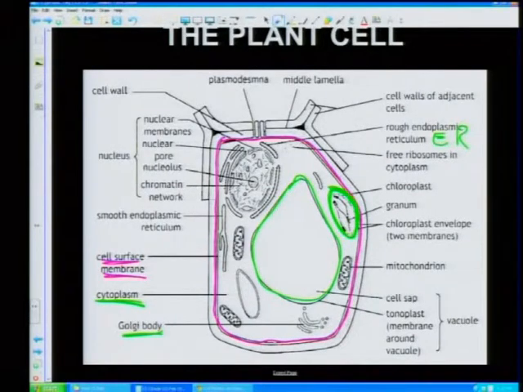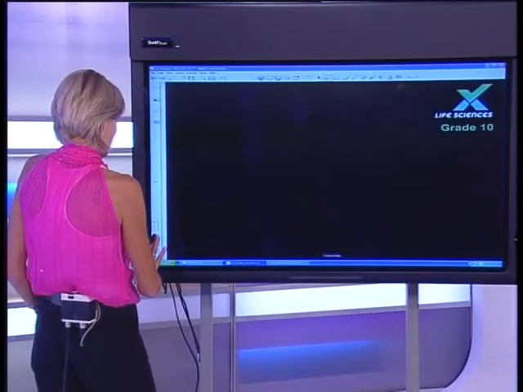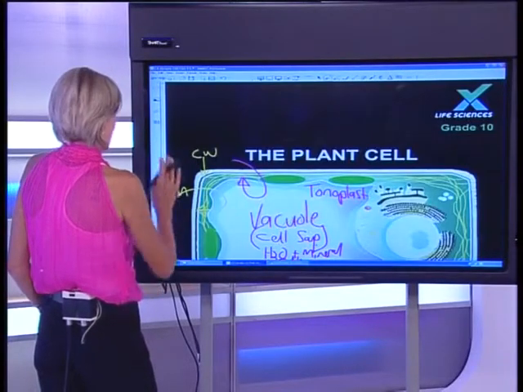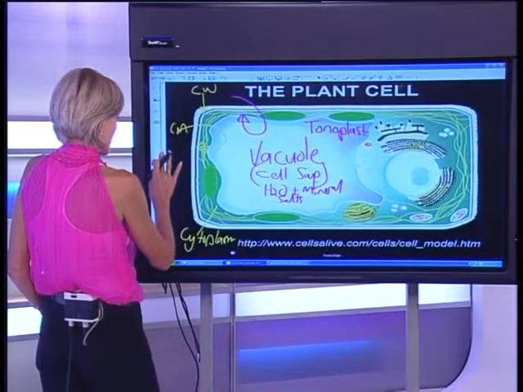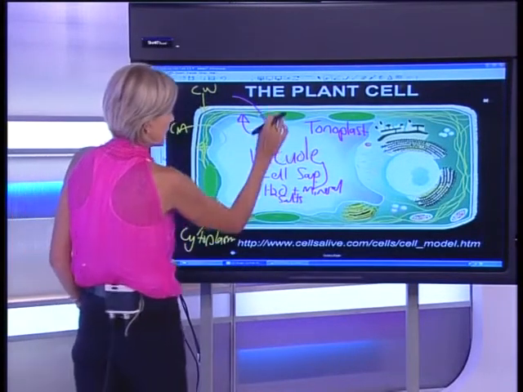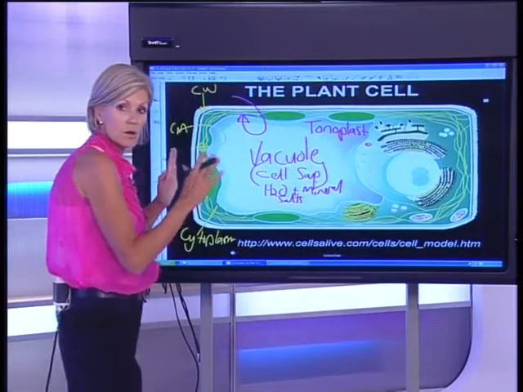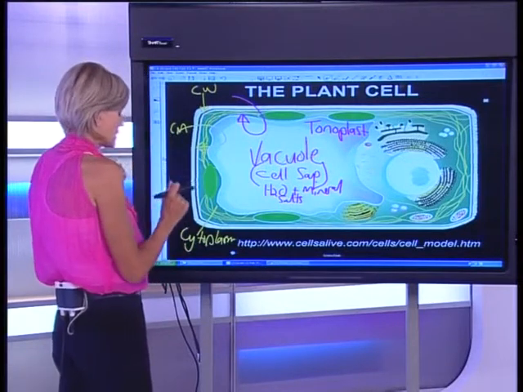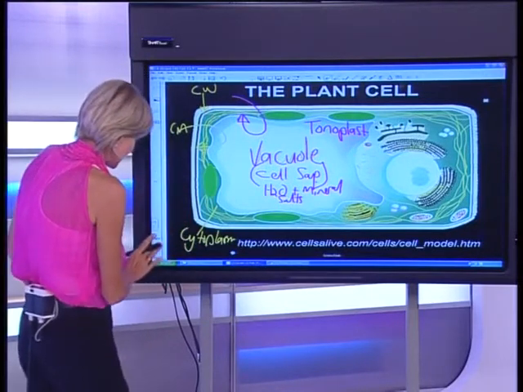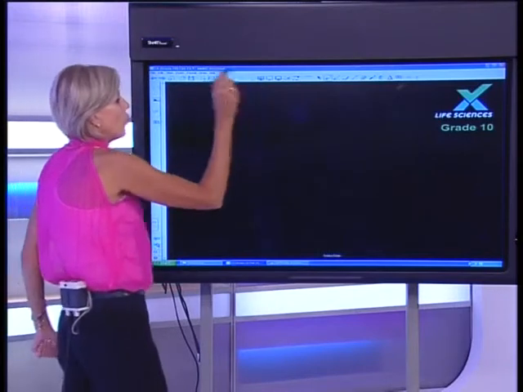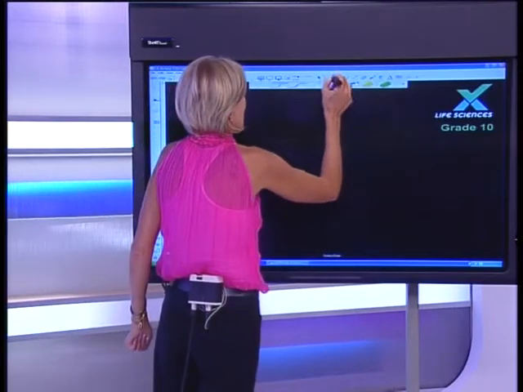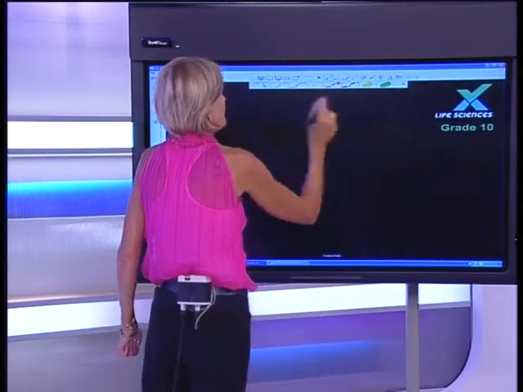If we go back to our little cell over here, it's these things that were in green. So you don't just have one chloroplast, you're going to have many chloroplasts. Those chloroplasts are incredibly important. Why? Because that is how the plant makes its food.